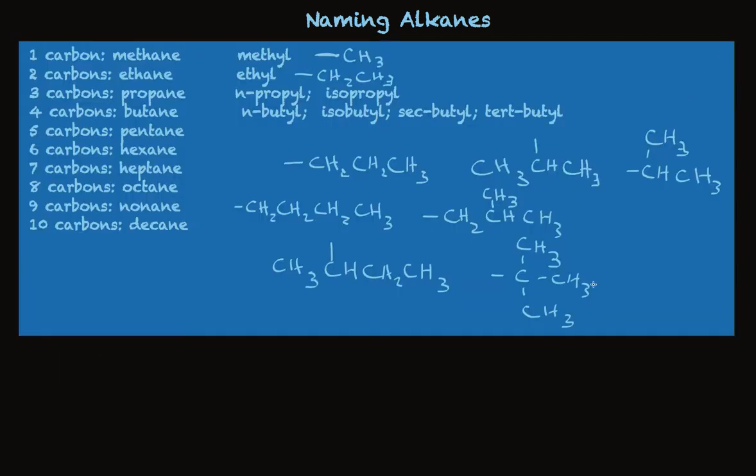I have summarized that list here. By the way, you can find this information in textbooks and other summaries, so you don't need to copy all this down. Basically, I've summarized the names we use to indicate the number of carbon atoms, 1 through 10, in the longest chain.